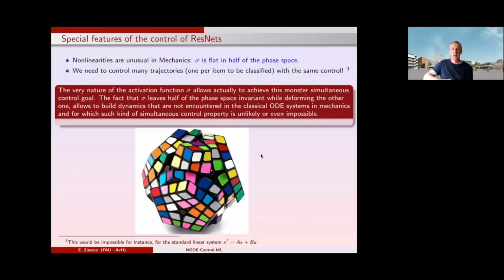And this is something that is very much the same as we do when we are solving the celebrated Rubik's cube, right? Of course, you will never be able to solve the Rubik's cube by just making translations or rotations of the ensemble of the cube, right? You really need to introduce nonlinear deformations that are able to concatenate the action over one face while the others are invariant.